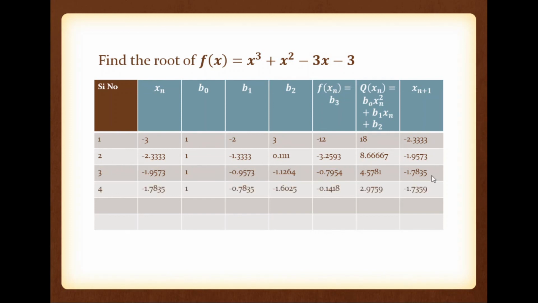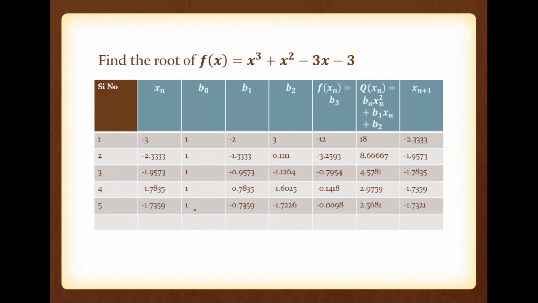By using this minus 1.7835, we have the next iteration. It will give minus 1.7359. So this is B0, this is B1, this is B2, this is B3, that is f of X0. Now this is Q of X0, that is f dash of X0. So we have minus 1.7359. By using this value, we have the next iteration.